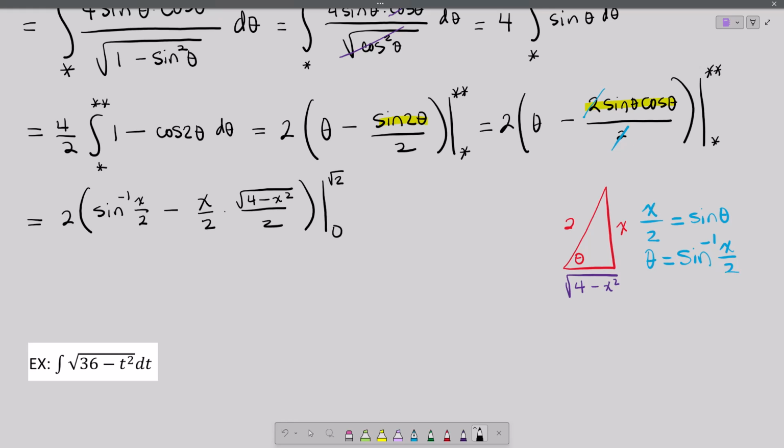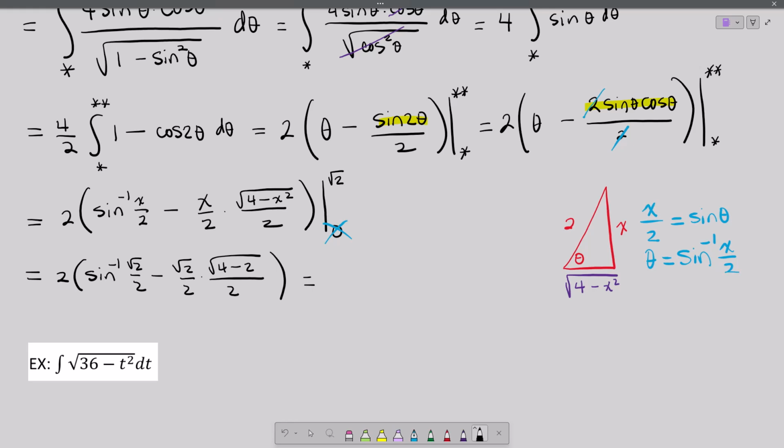The sine value, which is the second coordinate, is 0. So this 0 doesn't give us anything. That thing's out. So all we have to do is focus on that root 2. So we have 2 inverse sine of root 2 over 2 minus root 2 over 2 times 2, the square root of 4 minus root 2 squared, which is 2.